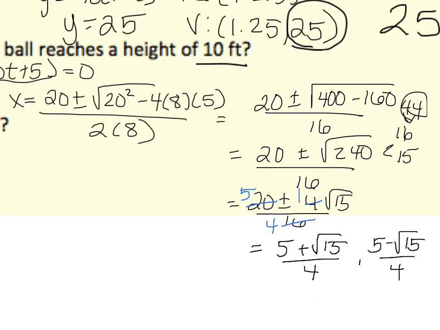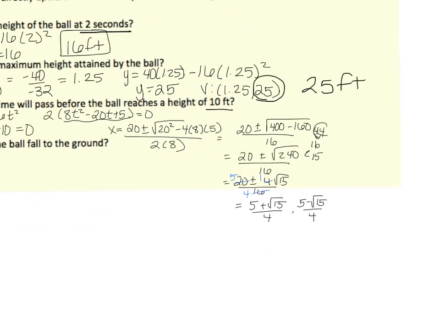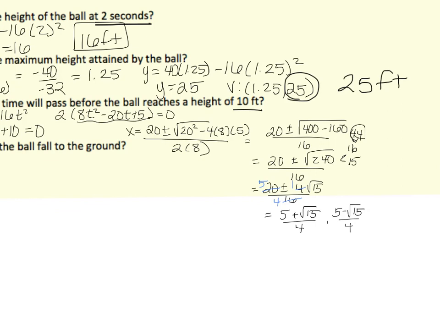And you can put those into your calculator to get an actual value. So in order to do that, you put in 5. Remember, the top has to go in parentheses, so you'd put in 5 plus root 15, over 4.